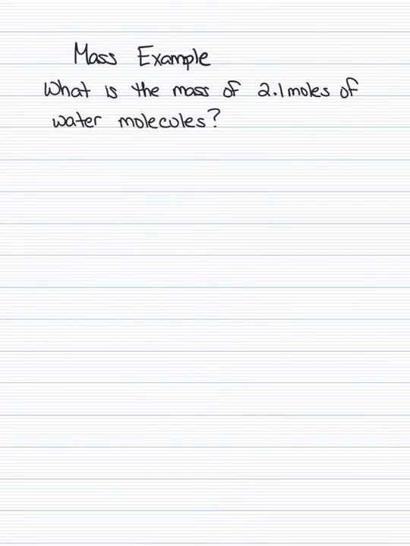The first example that we're going to do is a mass example. Our question is going to read, what is the mass of 2.1 moles of water molecules? First thing that we need to know is what is the molar mass of a water molecule. Water, being H2O, is going to be made up of 2 hydrogen, which each have a molar mass of 1.008, and 1 oxygen, which has a molar mass of 15.999.